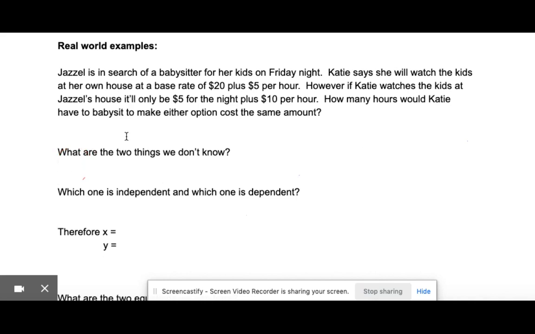So what are the two things we don't know in this situation? Well, one of the things we don't know is how many hours Katie will watch the kids for.